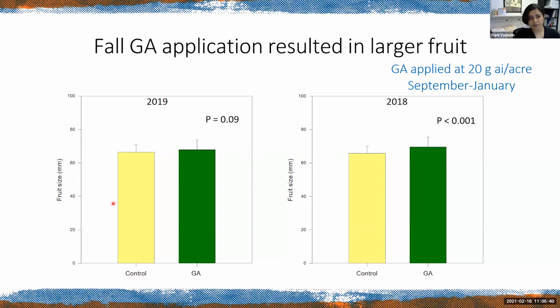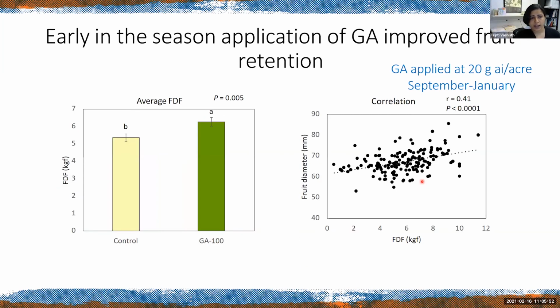First thing that we found is that with the use of GA, we saw an increase in the fruit size. Fruit size was always larger for the GA treated trees. And when we looked at the fruit detachment force, it was higher for the GA trees as compared to the control, which means that the fruit removal was difficult on GA trees.